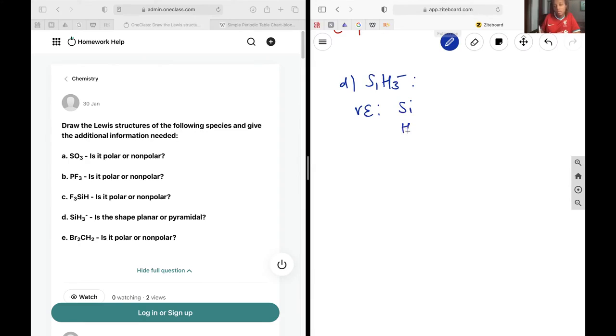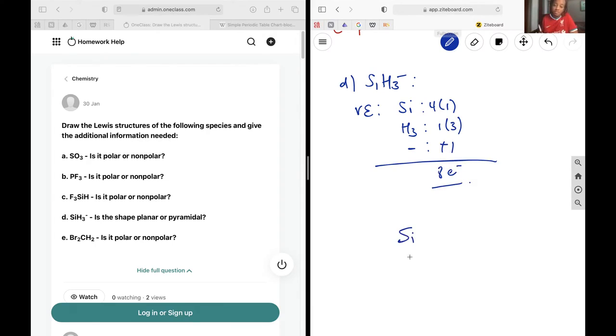I have silicon, I have H3, and remember, a minus charge means I have an extra electron that is making it no longer neutral. And so for my silicon, I have 4 electrons per atom. For my hydrogen, I have 1 electron per atom. And my minus charge gives me +1 on the electrons. And so that's going to lead me to 4 plus 3 plus 1, which is 8 electrons to distribute.